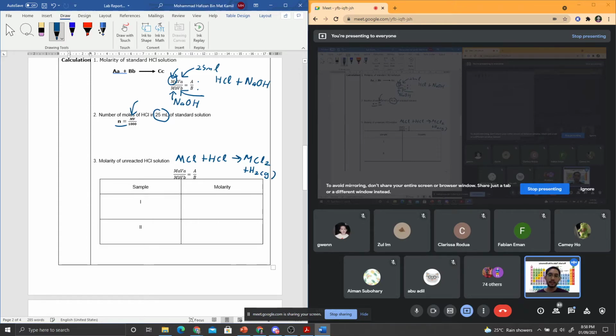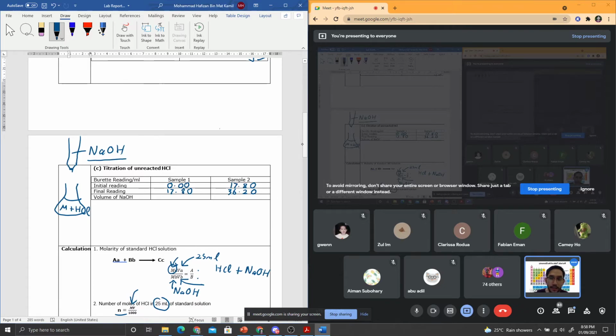Okay, macam mana kita nak dapat tahu the unreacted HCl? Is by kita know how much NaOH yang kita perlukan, berapa banyak yang kita titrate untuk dia stabilize.